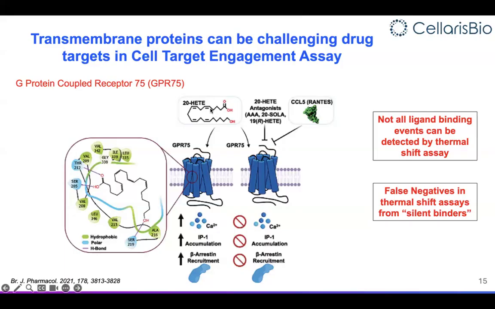So in this particular case, these antagonists, although they were binding to the target, were not inducing a large enough conformational change that can be detected upon a heat challenge.